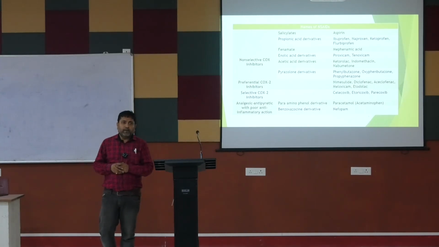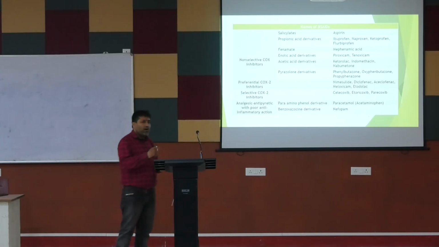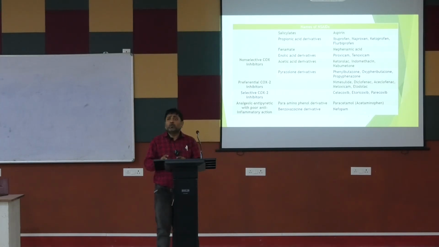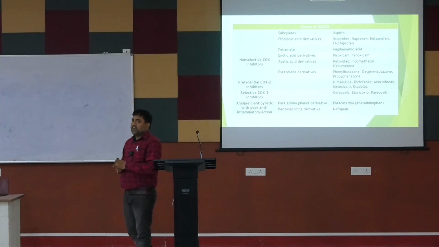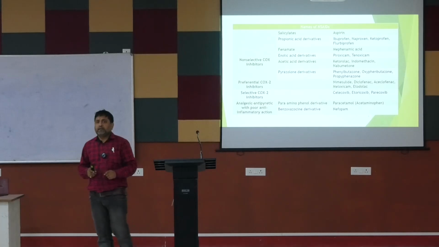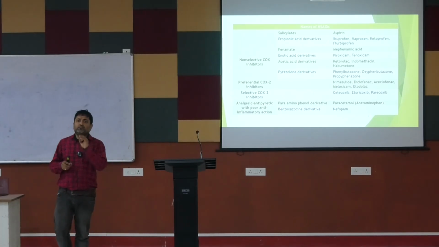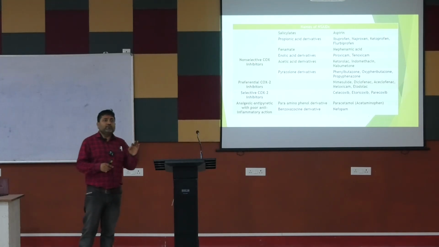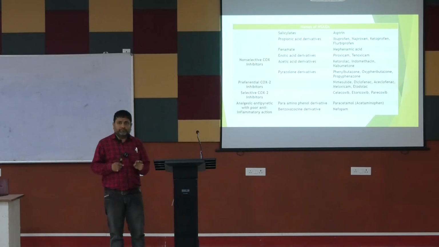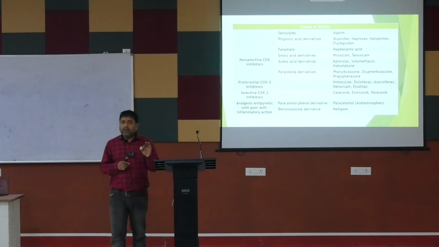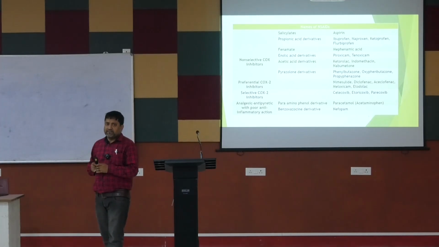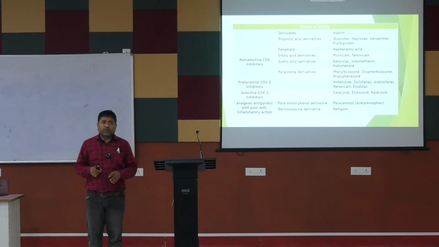cyclooxygenase enzyme. Now, among the cyclooxygenase enzyme, there are two variants, cyclooxygenase 1 and cyclooxygenase 2, COX1 and COX2. COX1 is normally present in the human body, in the brain, in the platelet, in the endothelial cells, in the stomach.